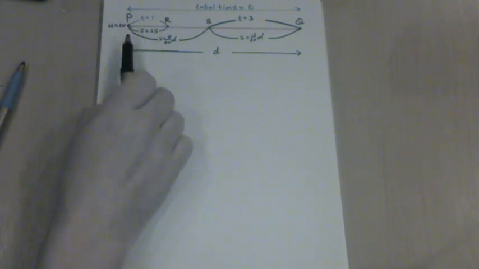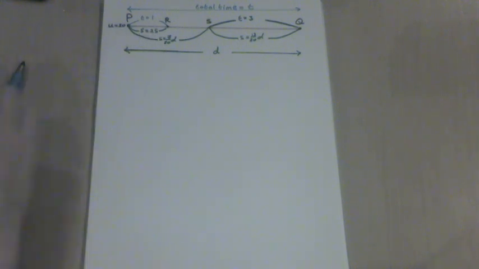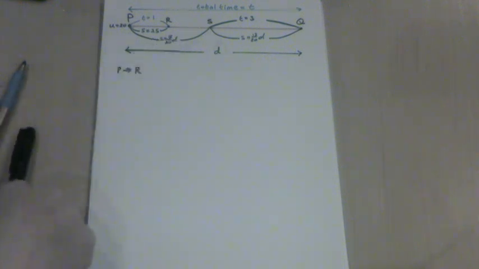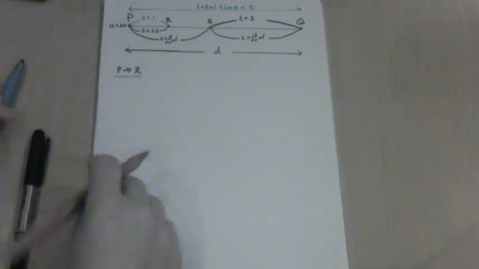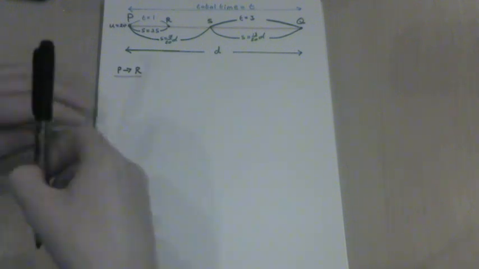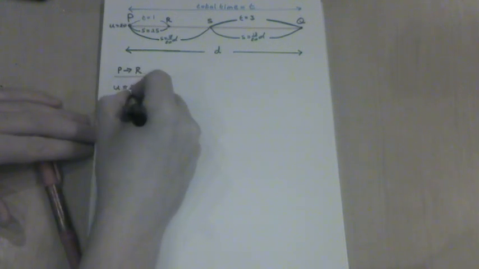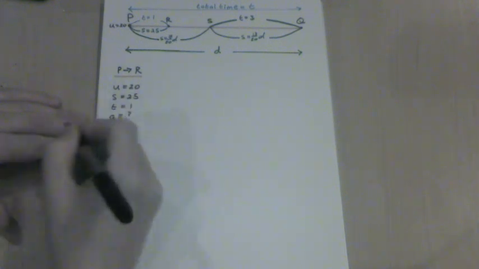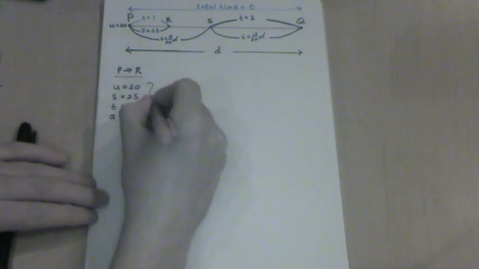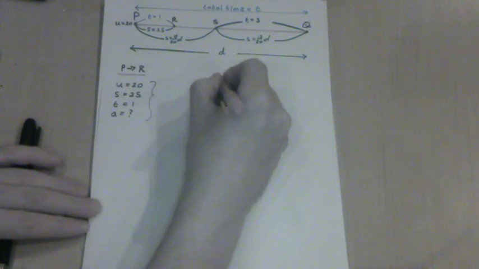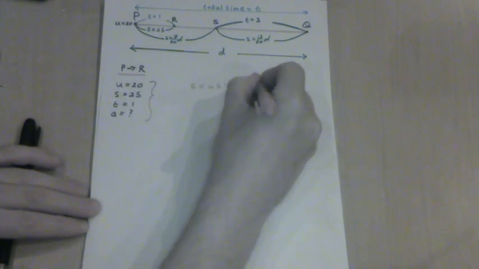First of all, we have loads of information when we're travelling from P to R. We know the time is 1, we know the displacement is 25, and we know the initial velocity is 20. So we should be able to find the constant acceleration. With these 4 variables, we'll use s equals ut plus a half at squared.